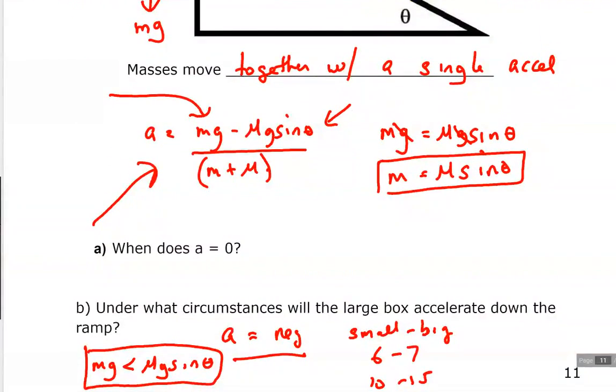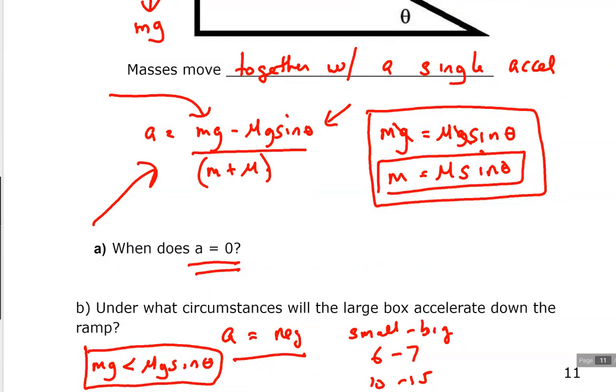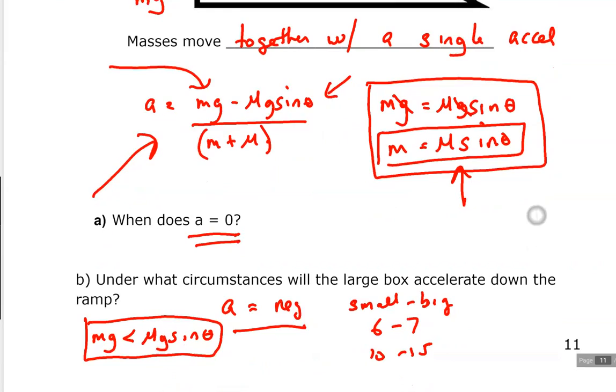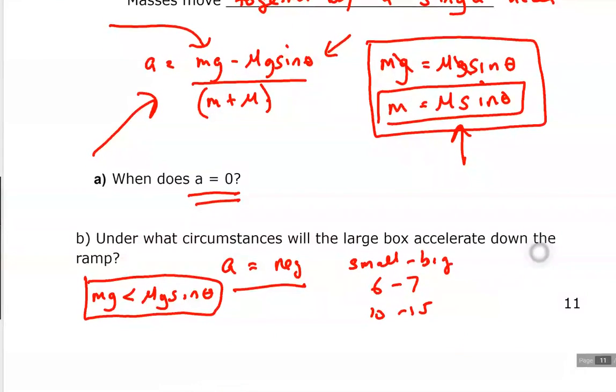When does a equal 0? A equals 0 when this numerator, this fraction, equals 0. And that's only true when these two terms on the top equal each other. So when little mg equals big Mg sine theta, I cross out the g's, and that is when little m equals big M times sine theta, we know that there'll be no acceleration.